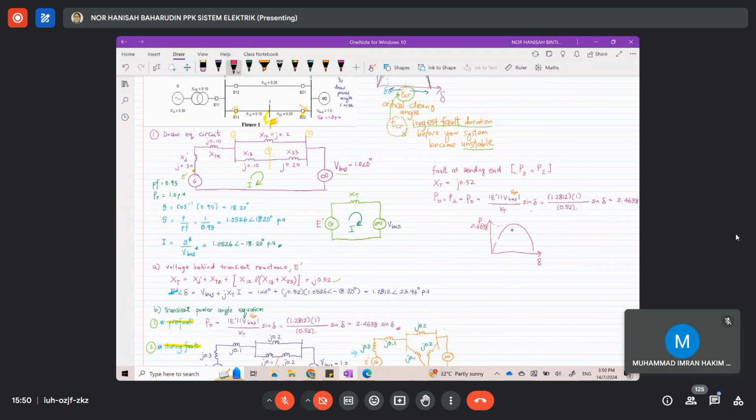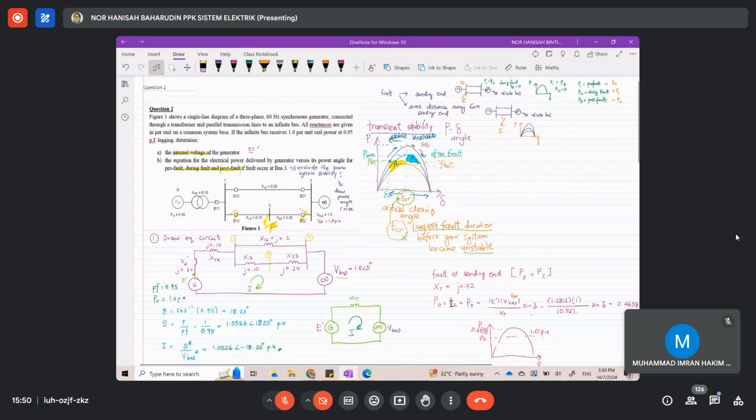Okay, and then for this case the power is at 1 per unit, so you just write down that this is your PE, which occurs at 1 per unit. Okay, so it's a very simple and easy question to answer. I hope that you can get the highest mark for this type of question.